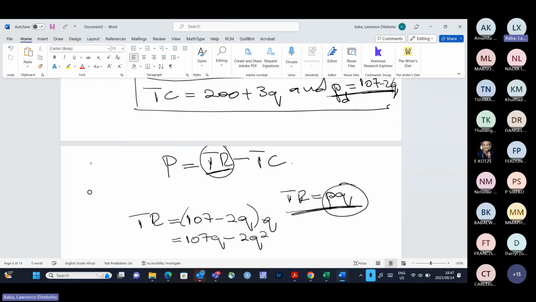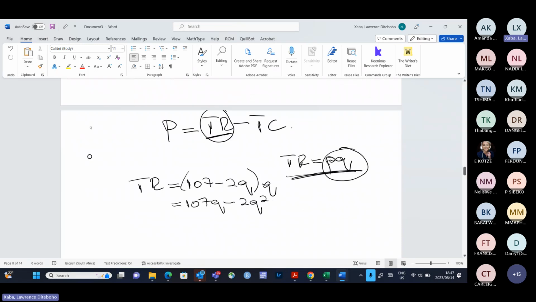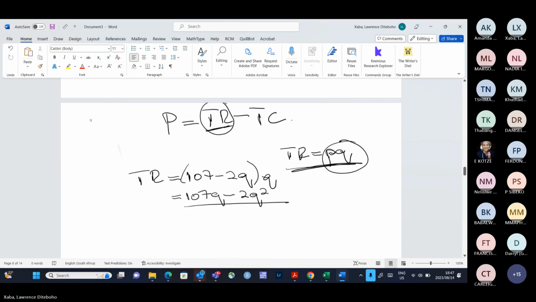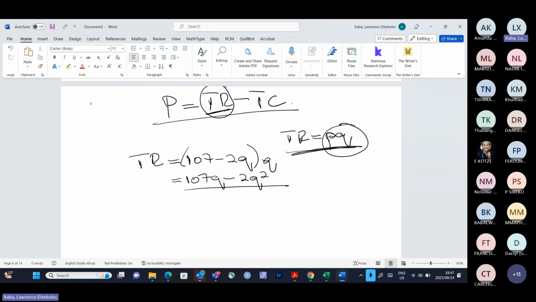So now we know our TR. So total revenue now, this is our total revenue, which is 107Q minus 2Q squared, where our TC is 200 plus 3Q. So we want to use this formula. Now we are fine. We have our TR, we have our TC now.